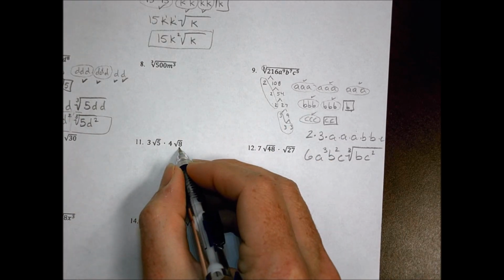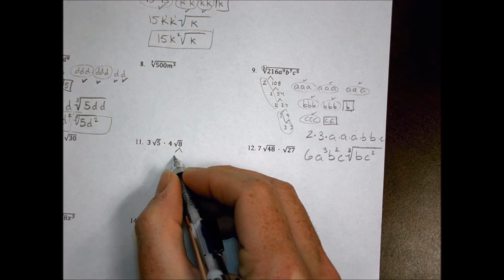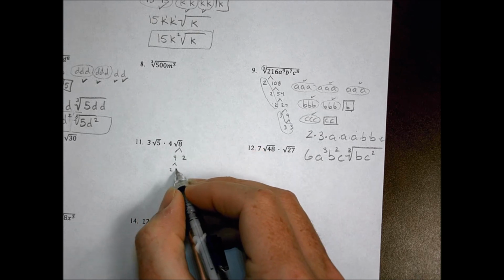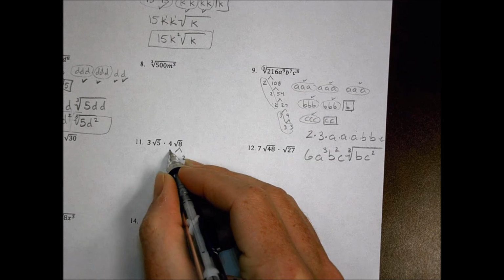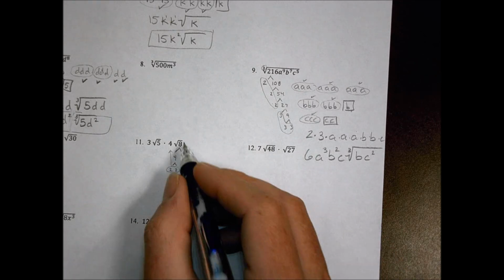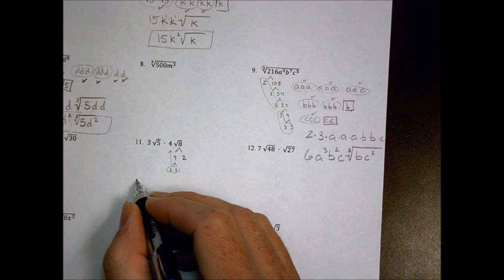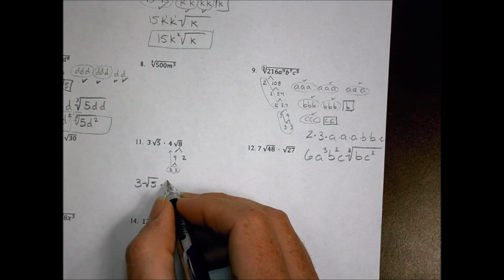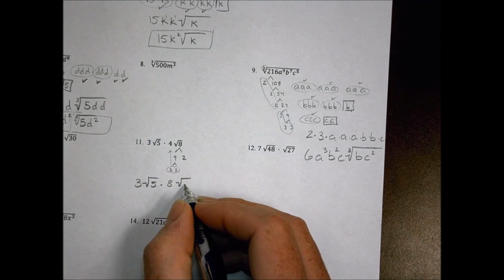Now on my notes, what I did first of all is I broke this down into 4 times 2. And then the 4 becomes 2 and 2, which means I can put that on the outside of the radical because it has a partner. So I rewrote it as 3 root 5 times 2 times 4 is 8 root 2, right?